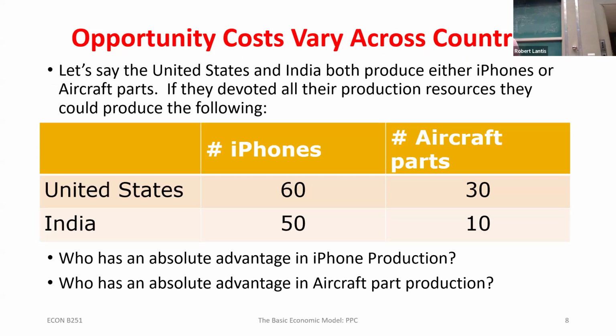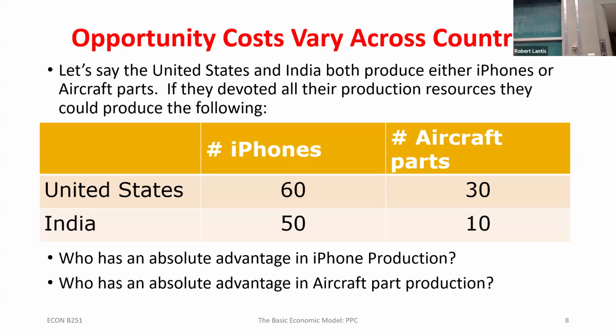If I'm drawing out the United States, you get what? 60, if we're putting all of our resources towards iPhone production, and then 30 aircraft parts. So I draw a line in between the two. I can think about this as the US's production possibility curve. So what's the cost of an aircraft part to them?